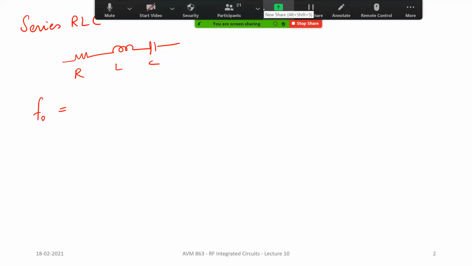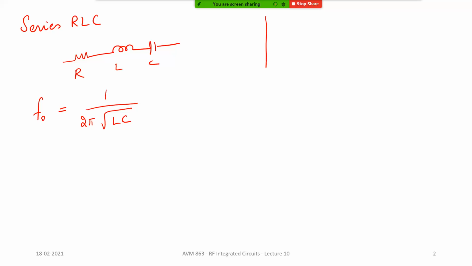A series RLC circuit will look something like this, correct? What is the resonant frequency? 1 by 2 pi root LC. Correct.